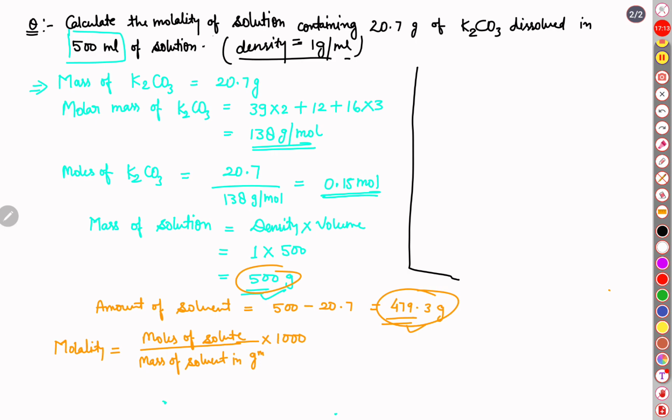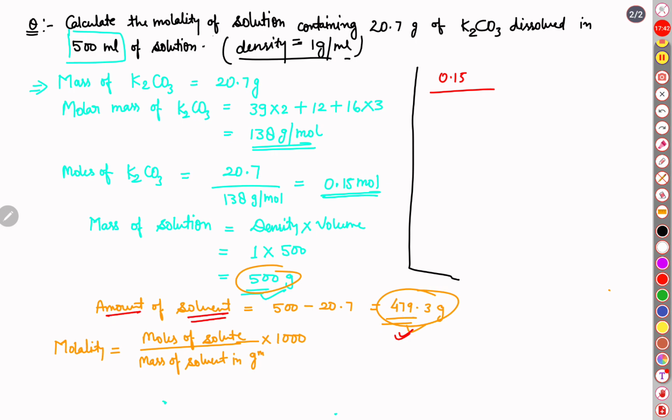Now we will put the value we know already. 0.15 mole is given, because the moles of solute, 0.15, we have found out already. And the mass of solvent in gram we have also found out, because amount of solvent or mass of solvent is the same thing.